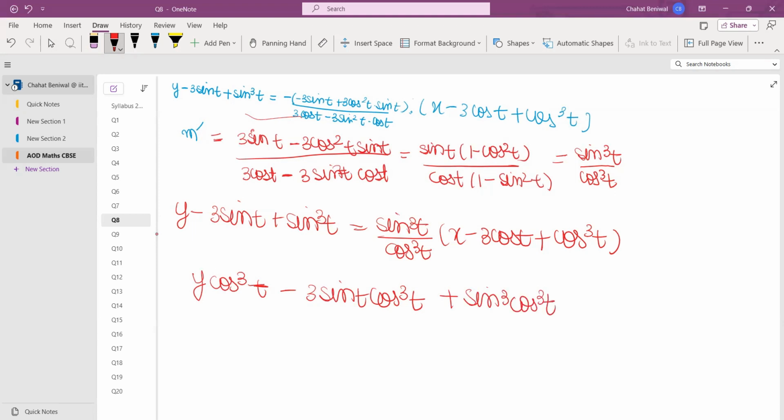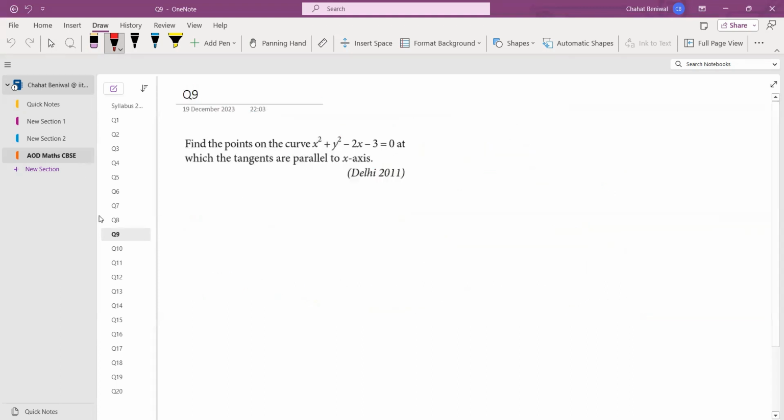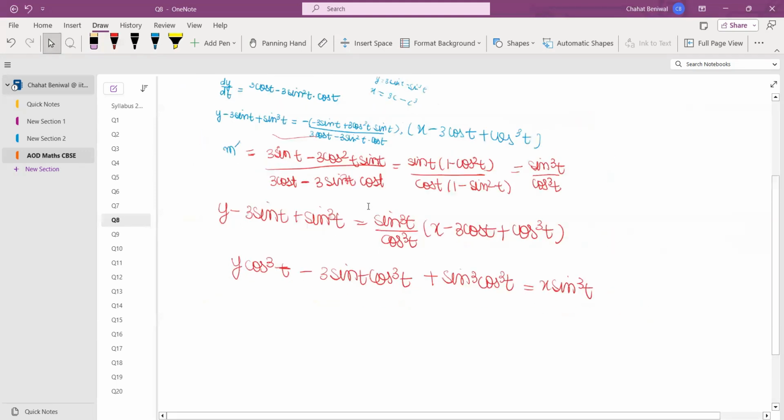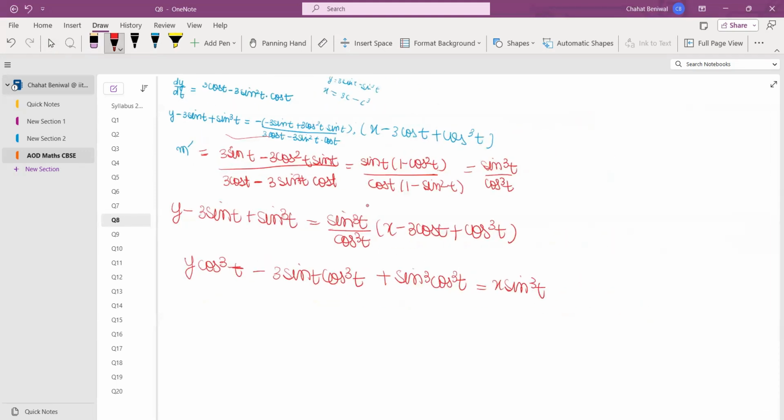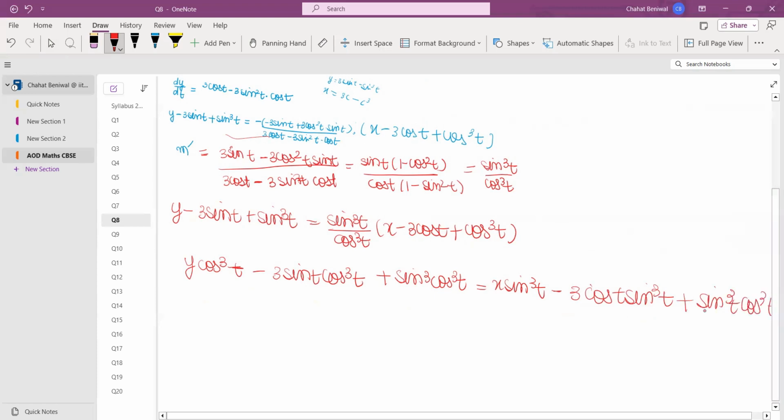I think this term is going to cancel out, because on the right hand side I am having x sin cube t minus 3 cos t sin cube t plus sin cube t cos cube t. So this thing is going to cancel with this. So I'm going to separate x and y terms.